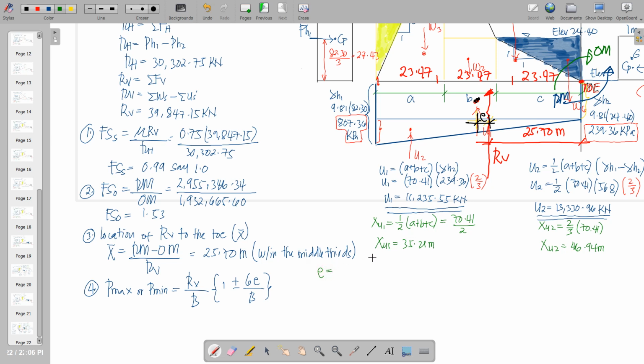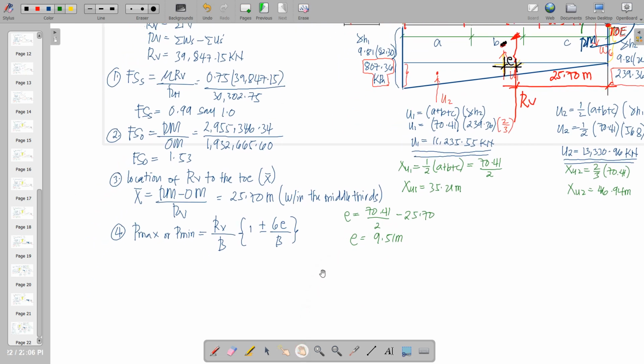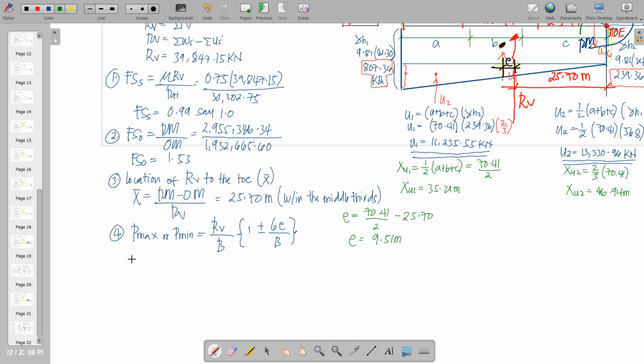So the calculation of E will be equal to the total, 70.41 all over 2, minus 25.7 meters. Therefore, E will be equal to 9.51 meters. With this value, we can now compute the maximum base pressure.